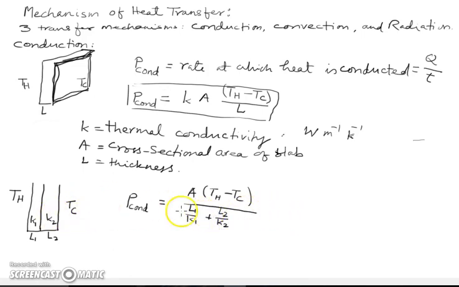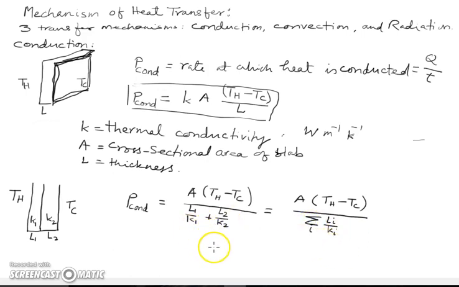Or if we have several layers like that, we can say A TH minus TC over summation of Li over Ki, summed over i.